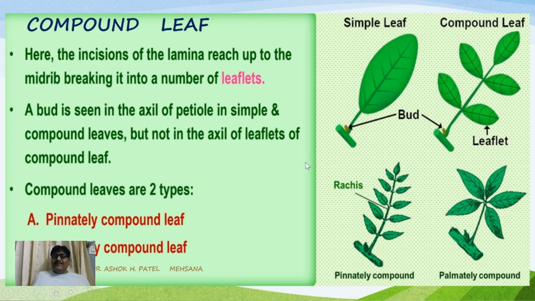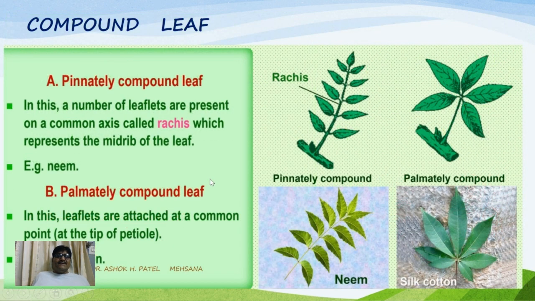Especially the compound leaf has two types. Number one is pinnately compound, and number two is the palmately compound leaf. So I want to discuss the first one, the pinnately compound leaf. Pinnate means like feathers, right?